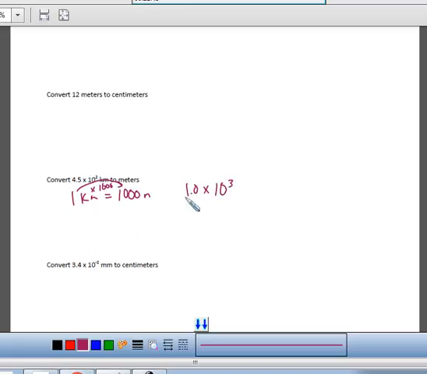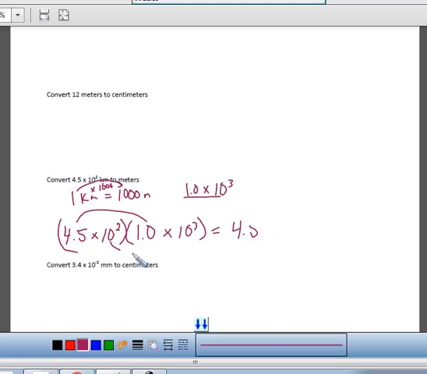So I'm going to use this to figure this out. Remember multiplication with scientific notation. So I have 4.5 times 10 squared. That's my kilometers. I'm going to multiply that by 1.0 times 10 cubed. Now, I'm going to multiply 1 and 4.5 and you get 4.5.